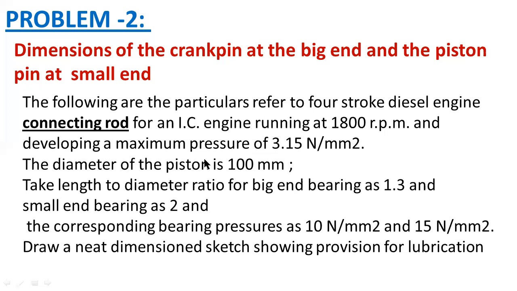Okay, so by using this maximum inside gas pressure, you have to find out the value of force acting on the connecting rod. Okay, and the diameter of the piston or bore diameter, equal to 100 mm, that is capital D, and the length to diameter ratio for big end bearing. That means the length of the big end bearing divided by the diameter of the big end bearing equal to 1.3.